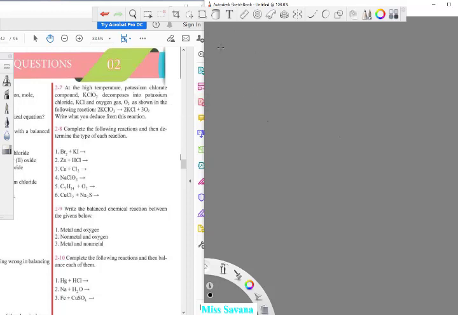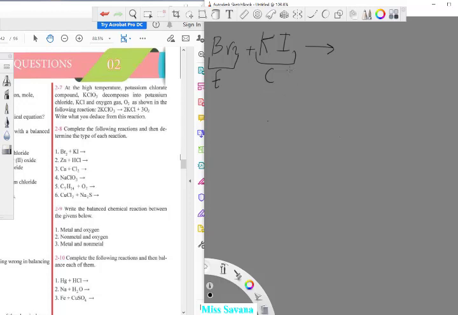Now the first one is actually Br2 plus KI. Since it's an element and a compound, you're gonna say it's a single displacement reaction اللي هو تبديل. Okay, لكن تبديل شلون يكون نوعه؟ تبديل فردي. Okay, so now this is the type of the chemical reaction.